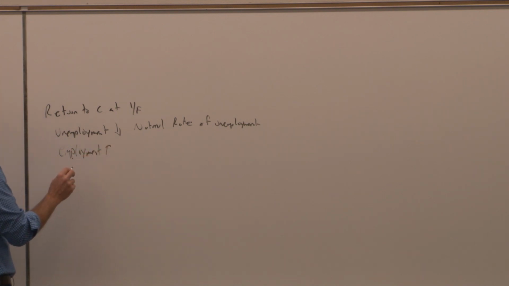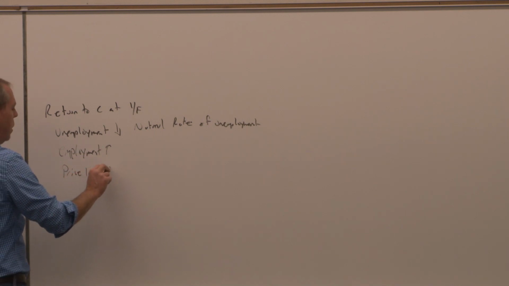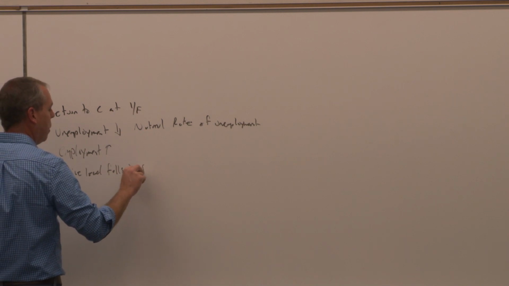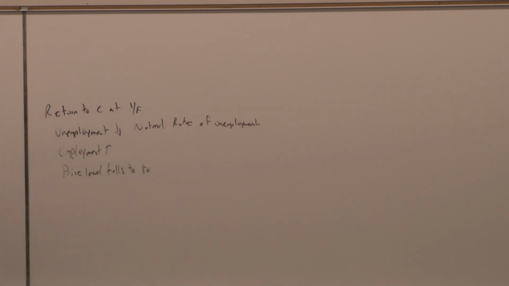Employment rises. The only thing that's different is the price level falls to 80. Right. Takes fewer green pieces of paper to buy the same goods and services at C than it does at A.